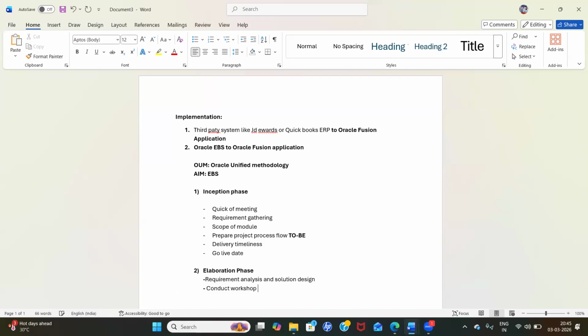Conduct workshops with clients. Workshop means meetings only. They are going to show the roadmap, how we are going to design and all. So officially we call it a workshop, workshops with the client.